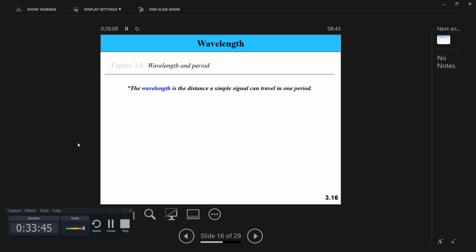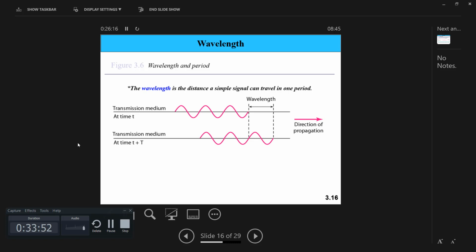After that, the definition of the wavelength. The wavelength is the distance a signal can travel in one period. For example, here, the signal travels the wavelength, the distance that a signal takes to move one cycle.